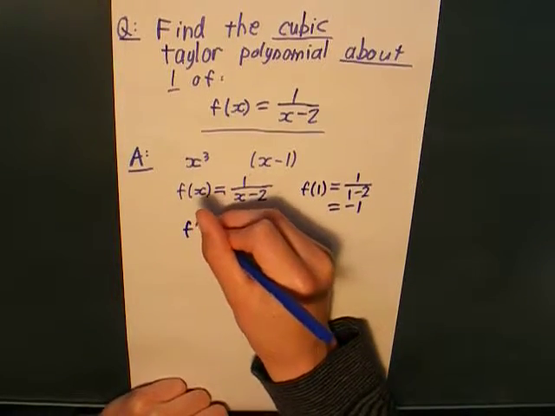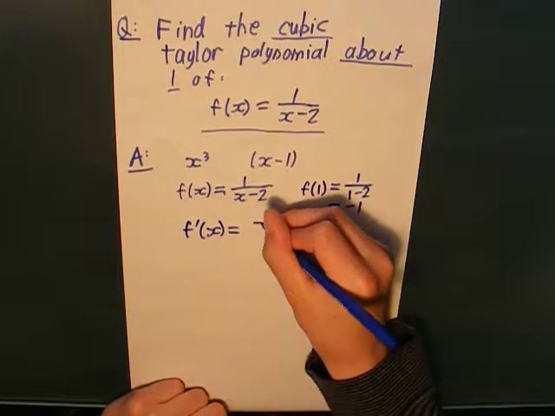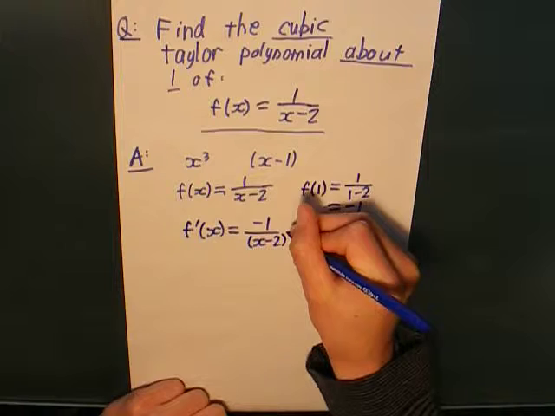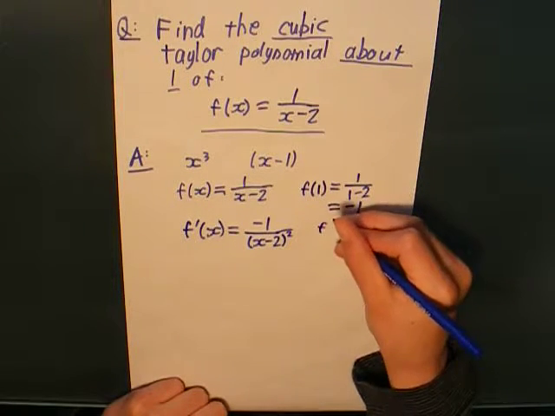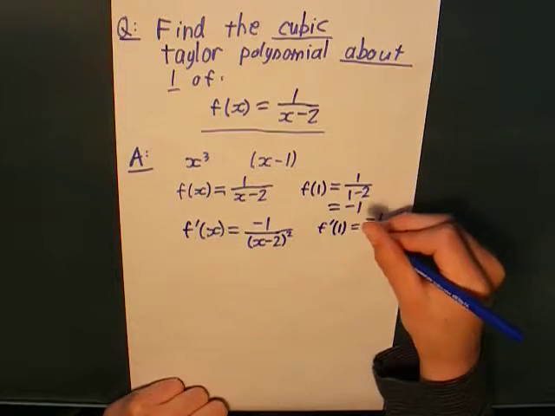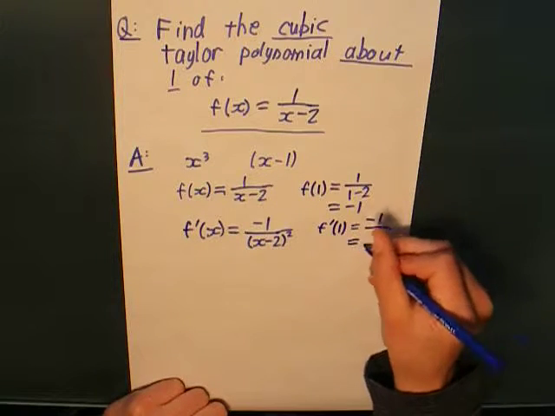F prime of x, now I'm not going to explain how the derivatives are found because I assume you know that, so minus 1 over x minus 2 squared. And I've got f prime of 1 equals negative 1 over 1 minus 2 squared, which is 1, equals negative 1 again.